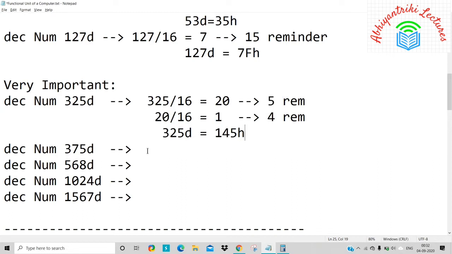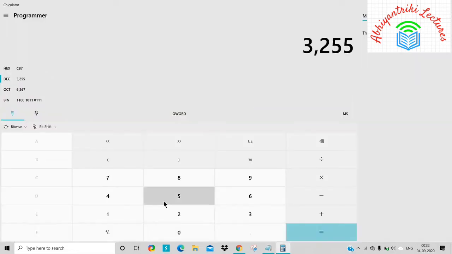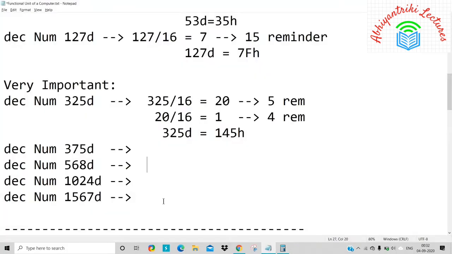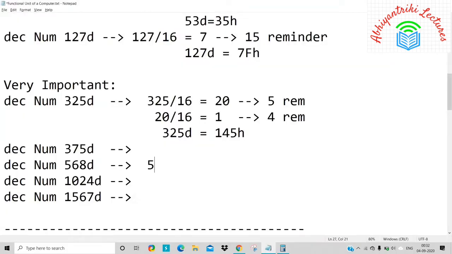Now similarly, let me try 568. 568 divided by 16 is 35.